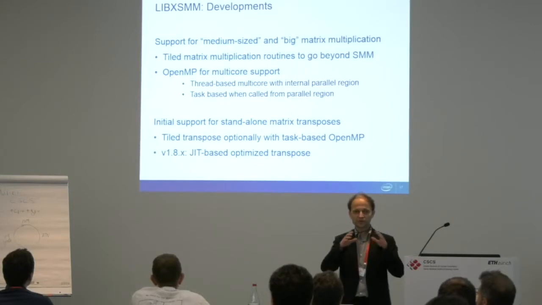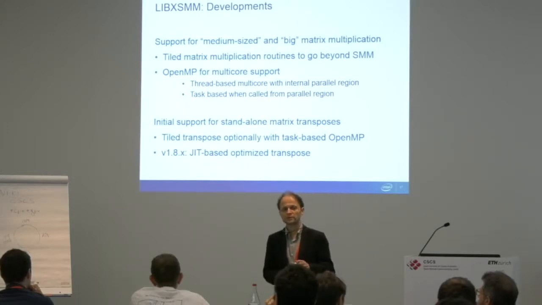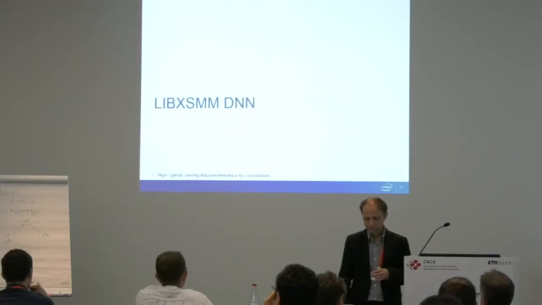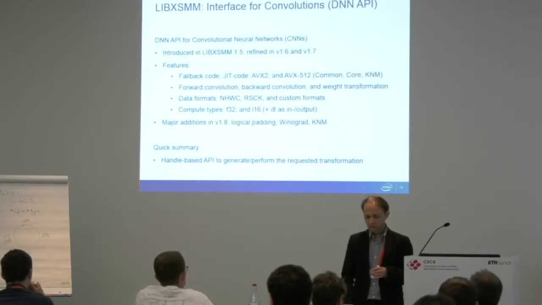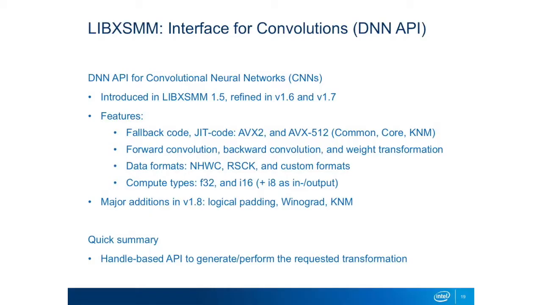In fact, they built a tiled matrix multiplication without any fallbacks that do transposes already and copy kernels already and use this library's kernels. On the DNN side, we added this in 1.5. That was August last year. It was Intel Developer Forum, like a big event for us. And we wanted to have it ready there.